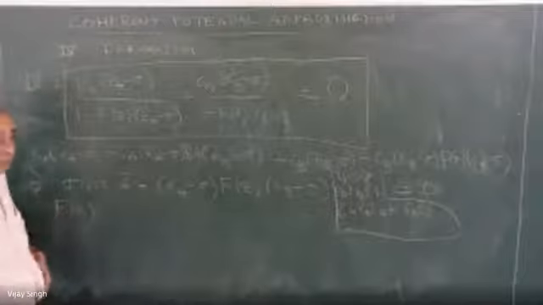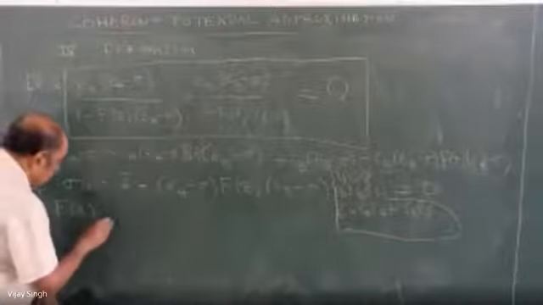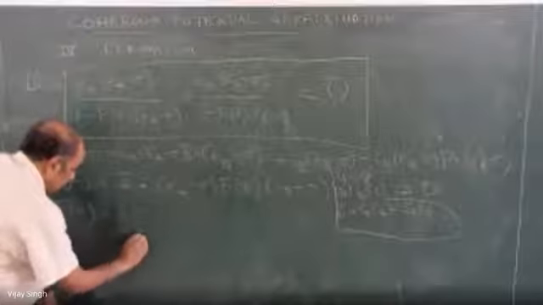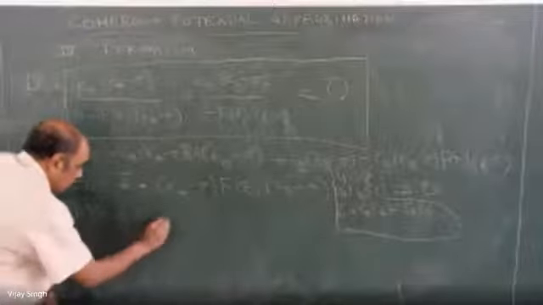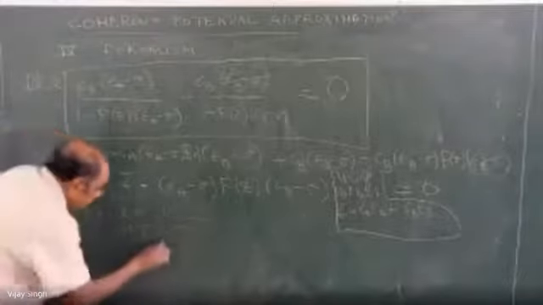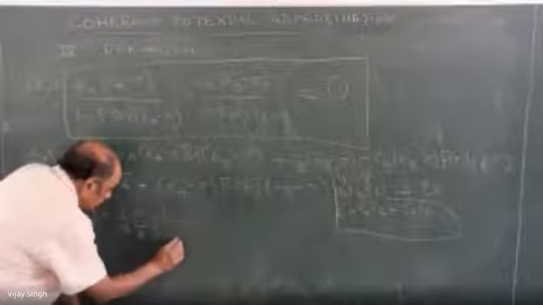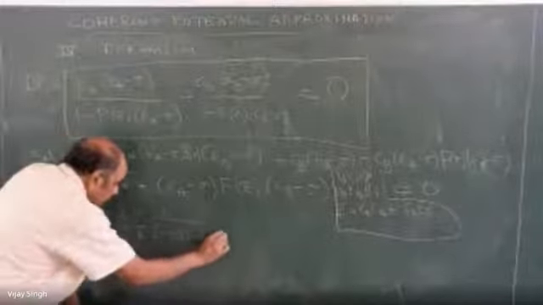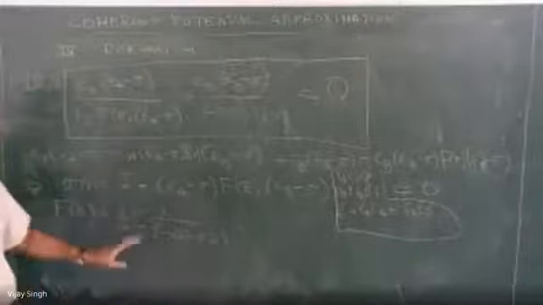F of z is supposed to be 1 over n, the sum over k of 1 over z minus s of k minus sigma z. That was the ordered medium.